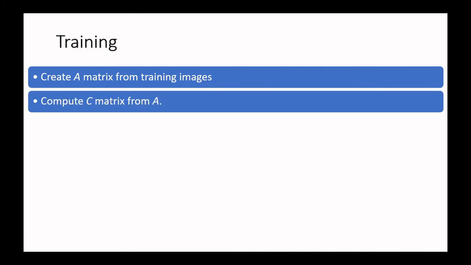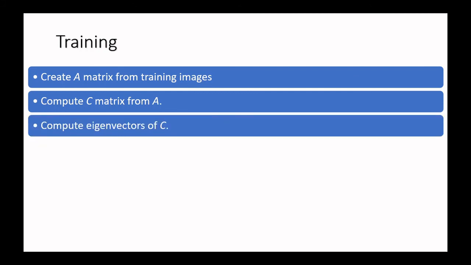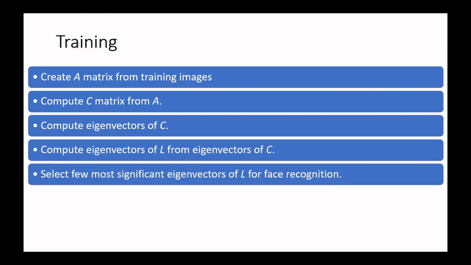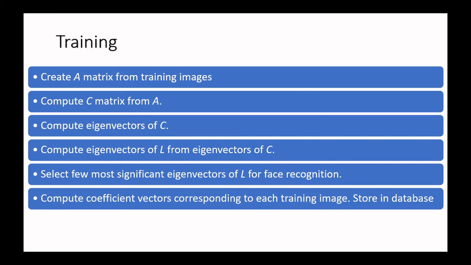Compute matrix C from data matrix A. Compute eigenvectors of matrix C. Compute eigenvectors of matrix L from the eigenvectors of matrix C. Select the first few significant eigenvectors of L. Once we select the eigenvectors, we can find the corresponding coefficients alpha_i and represent each training image as a vector of these coefficients. We should then store these coefficients, which represent the face with fewer dimensions, in the database.